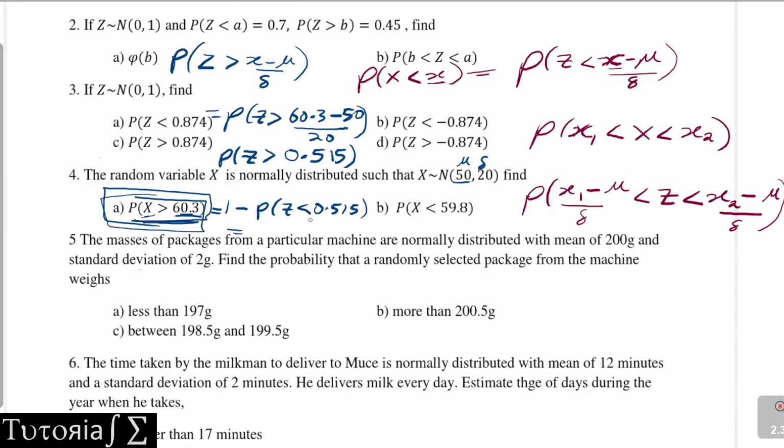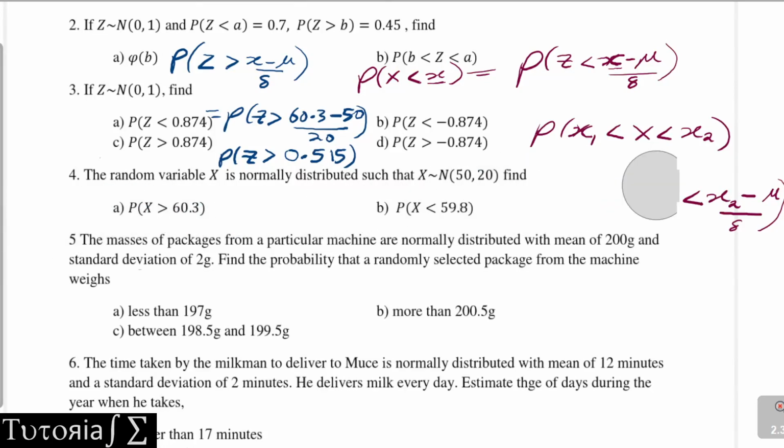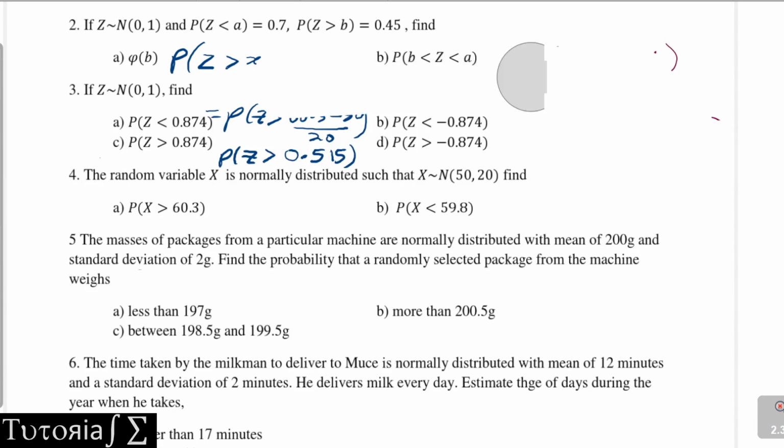Now you find this on your table. This is basically what you will be doing. I won't solve this one for you. You will know how to work out these probabilities, so this will be part of your task. You work out these problems, so you also be practicing.